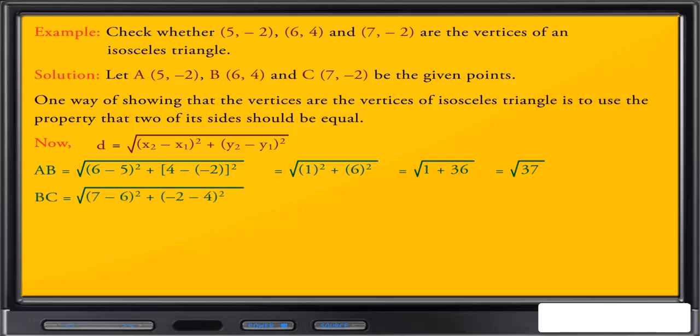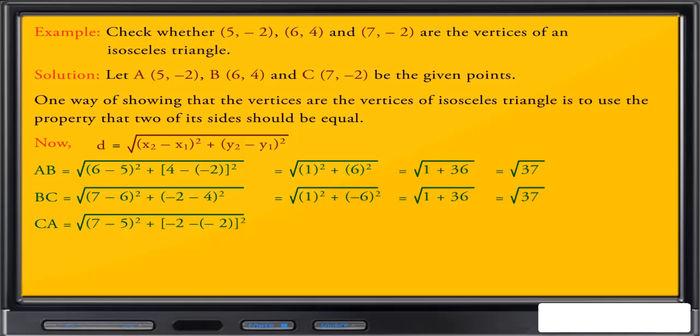Similarly, BC is equal to under root of (7 minus 6) whole square plus (minus 2 minus 4) whole square. This gives under root 1 square plus minus 6 square is equal to under root 1 plus 36 is equal to under root 37.